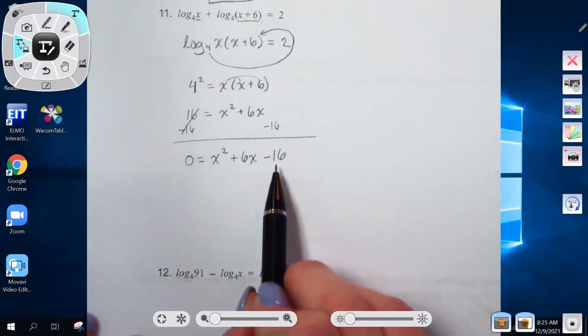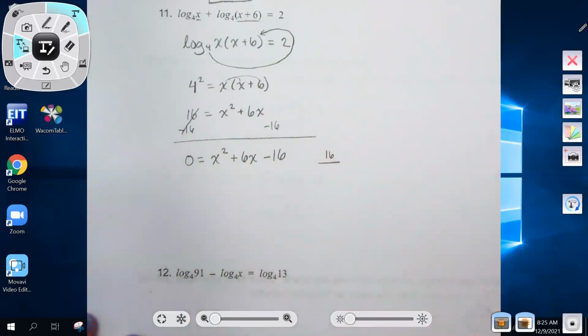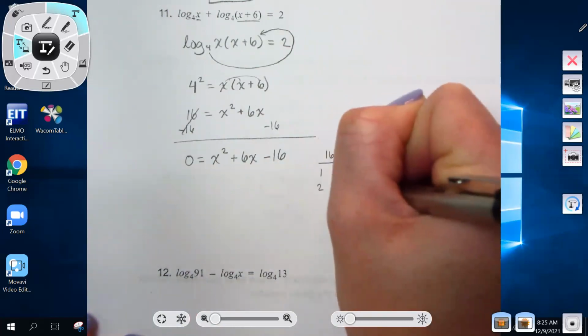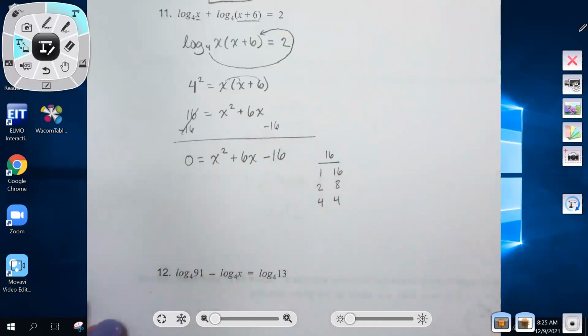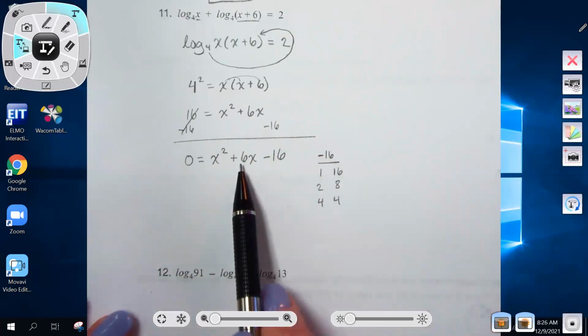To factor, you're looking for two numbers that multiply to be 16 and add to be 6. So factors of 16 would be 1 and 16, 2 and 8, 4 and 4. Now it needs to multiply to be negative 16, but it also needs to add to be positive 6.